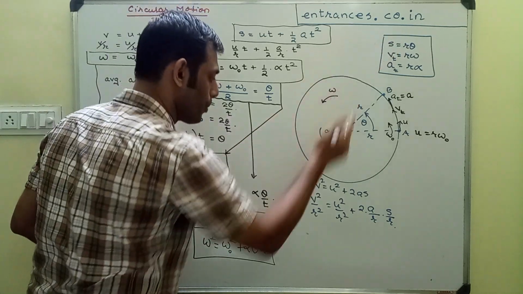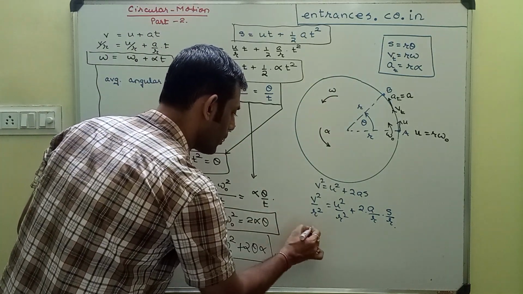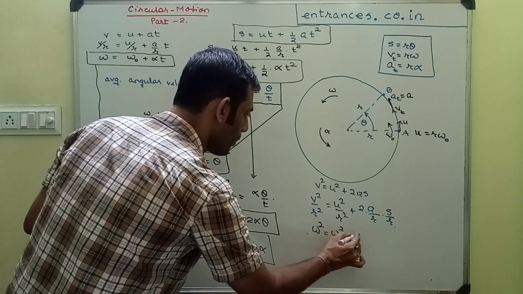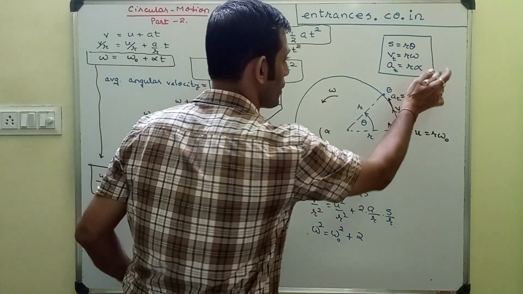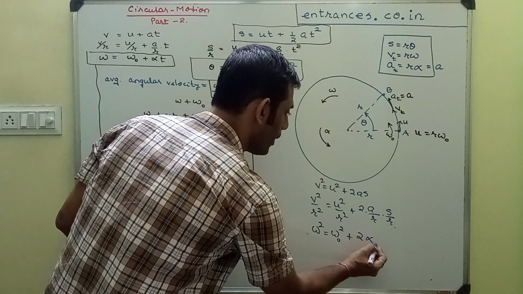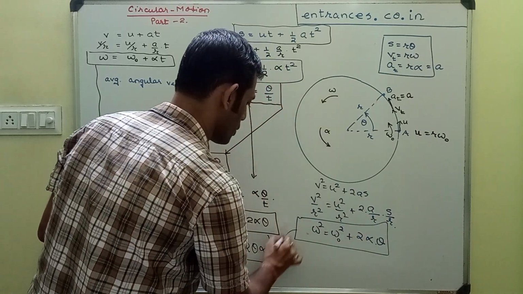V is equal to r omega, so this is simply omega square. I'll write this and finish off. And this is omega naught square plus 2 at by r. A is equal to at, as I stated. So a by r is alpha, and s by r is obviously theta. This equation is just the same as this.